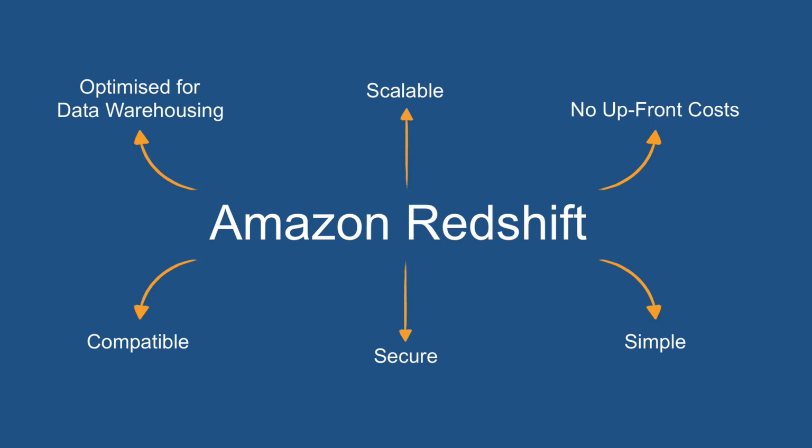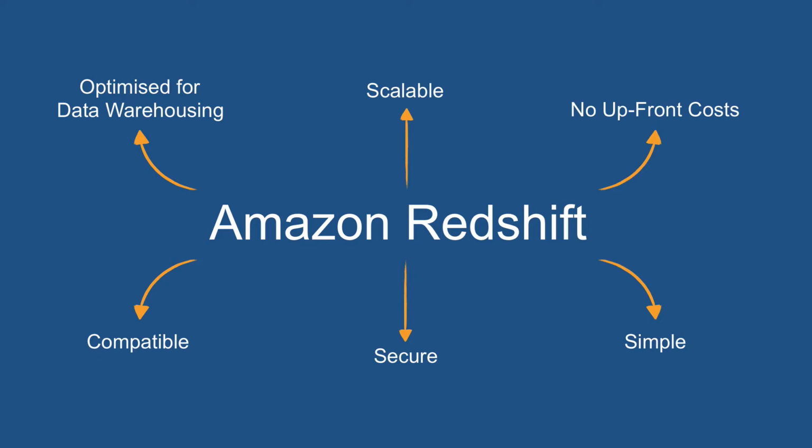And then lastly, compatibility. So it's an SQL data warehouse, and it uses standard ODBC and JDBC drivers. So many popular software vendors have already certified Amazon Redshift with their BI or ETL tools. And for the most part, you can use existing ETL and BI tools with Amazon Redshift without having to change a whole lot. Furthermore, you can integrate it with other AWS services.